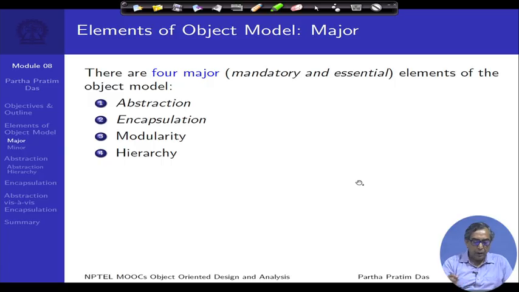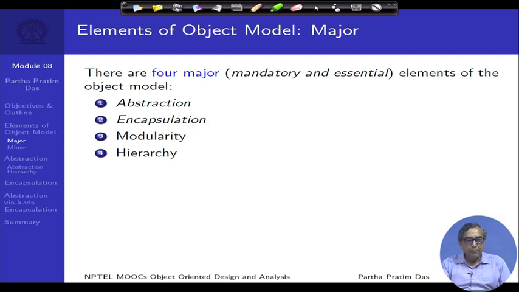Now, if we look into object models, there are four major elements that we need to consider, and our endeavor in this module and the next two would be to understand these different elements of the object model.